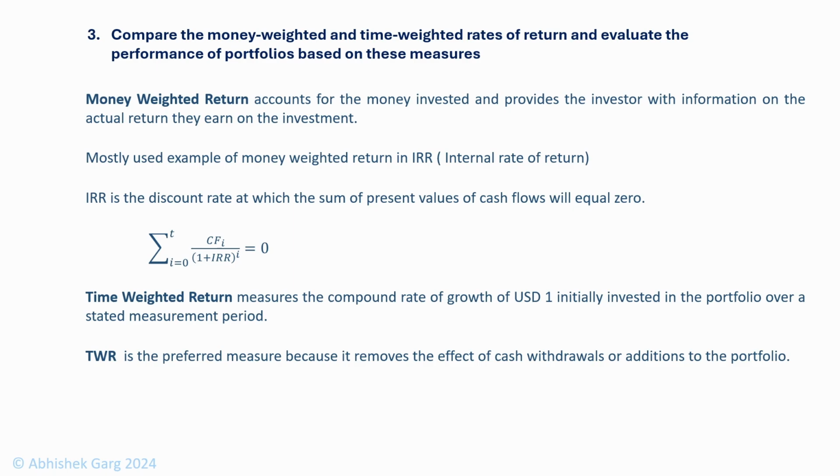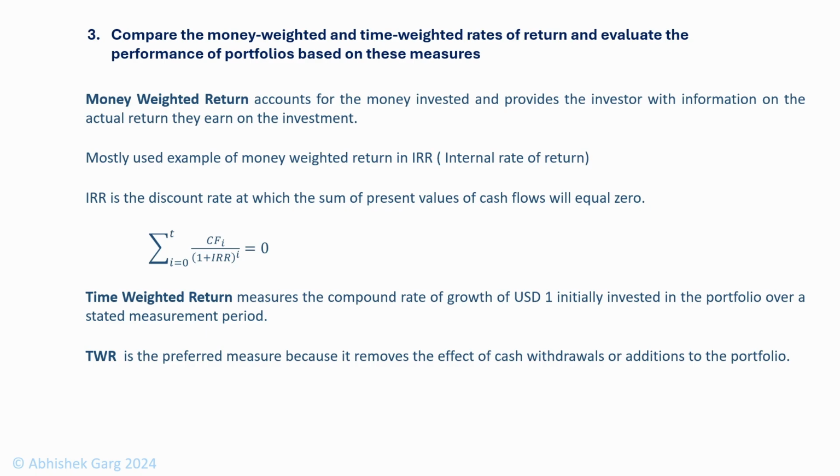Now the time weighted return measures the compounded rate of growth of $1 initially invested in the portfolio over a stated measurement period. The time weighted return is the preferred measure because it removes the effect of cash withdrawals or additions to the portfolio. Your money weighted return is particularly susceptible to the additions or withdrawals from the portfolio. The cash inflows or cash outflows affect the money weighted return.